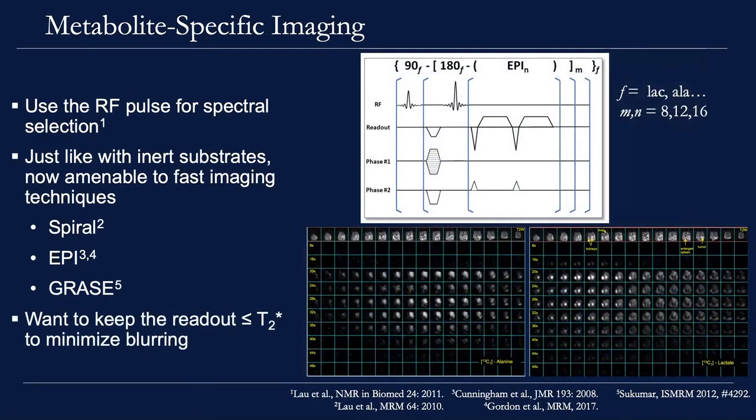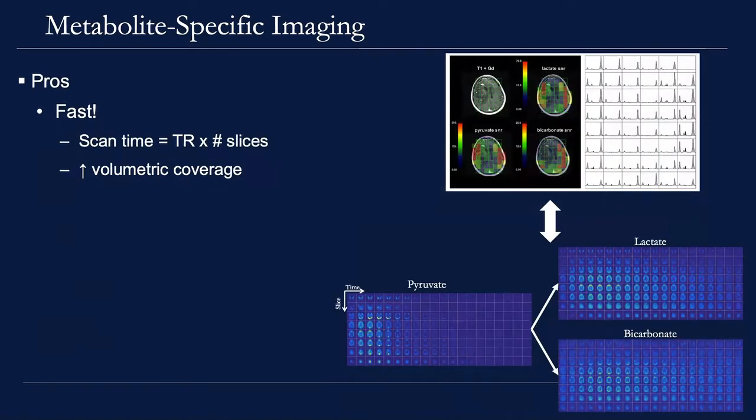But the important thing is the RF pulse takes care of your spectral encoding for you. And because now you only have one excited frequency, we can leverage all of the rapid imaging approaches that have been used for a while on the proton side and apply them to our hyperpolarized case. So the benefit question.